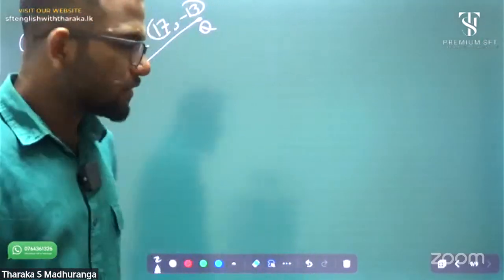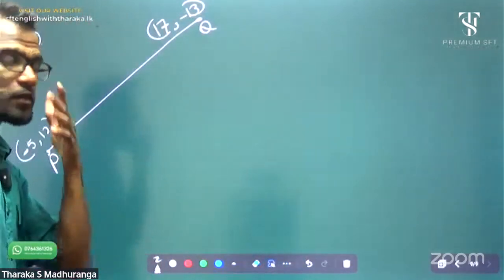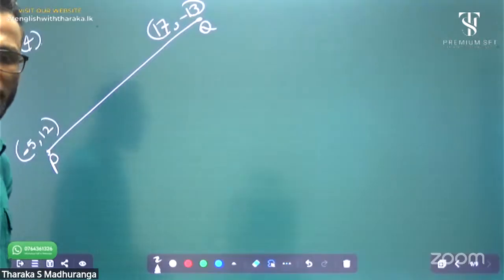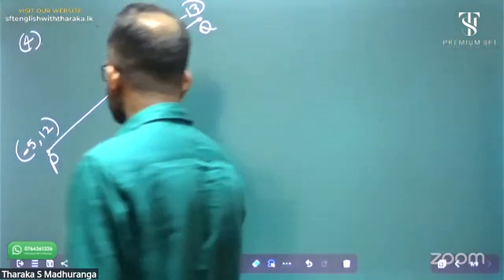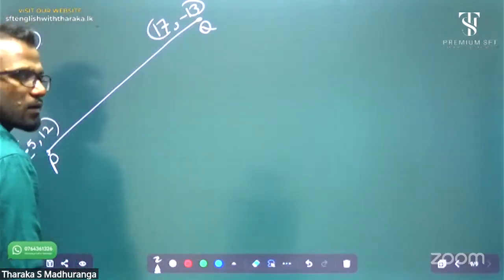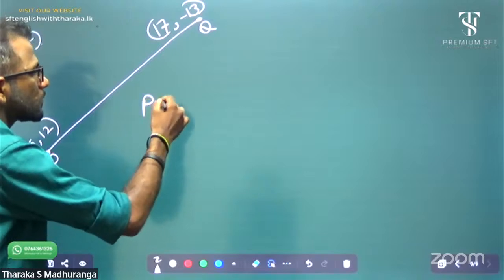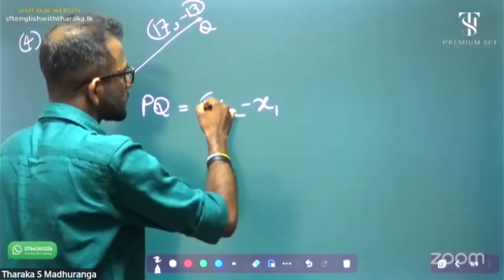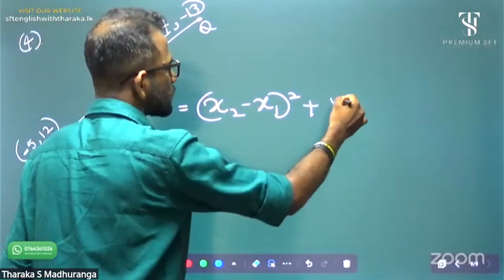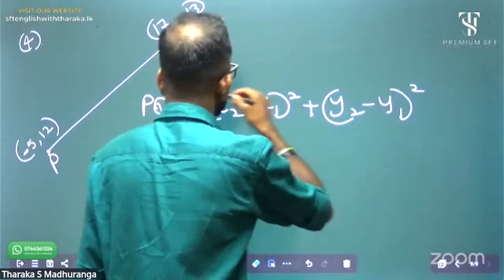33.3, yes. Yeah. So what's the length of PQ? PQ equals the square root of x2 minus x1 squared plus y2 minus y1 squared.